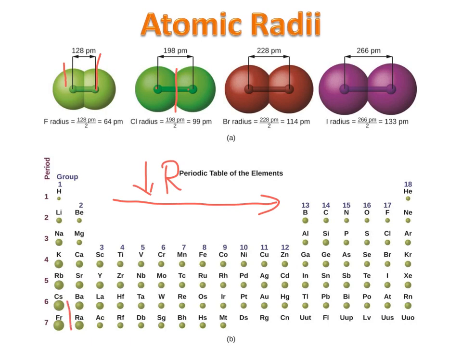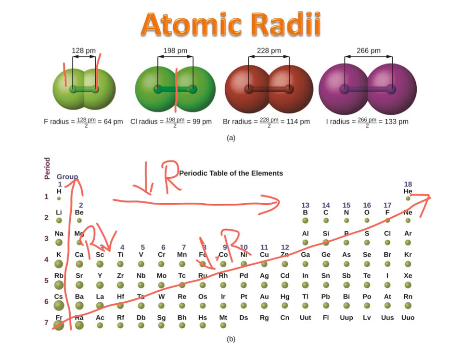As we go from the bottom to the top, also look that the radius goes down, giving the net trend as we go from the lower left-hand corner to the upper right-hand corner is a decreasing radius. There are some bumps if you start looking at the transition metals and the inner transition metals, but we're not going to worry about those little bumps and curves.